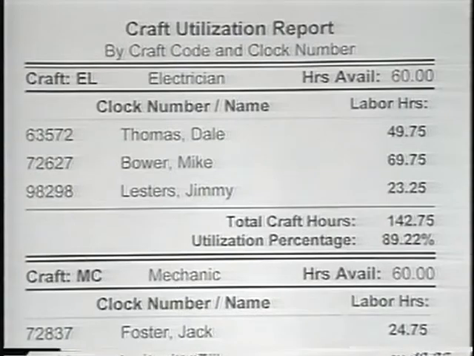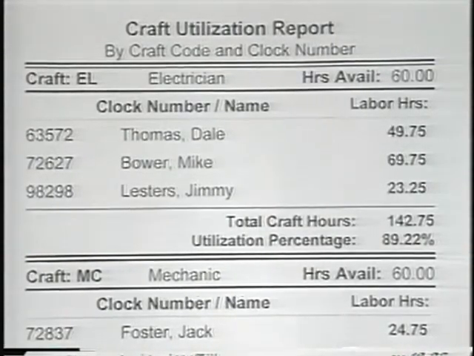So what we want to do is look at how well we have utilized the 160 hours of the cumulative available electrician's time. Another way to look at this is the 160 hours available could be equal to the craft capacity for those electricians. And you'll notice we indicate the number of labor hours reported.